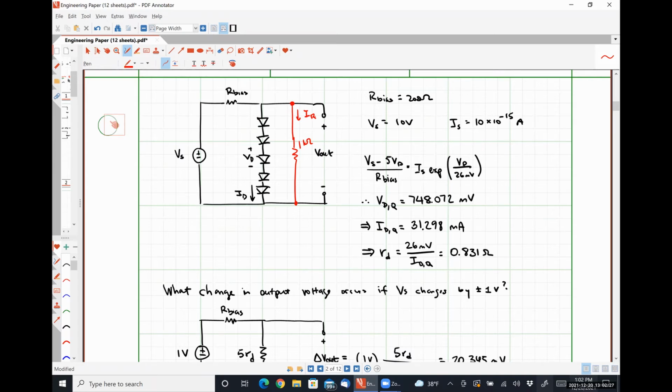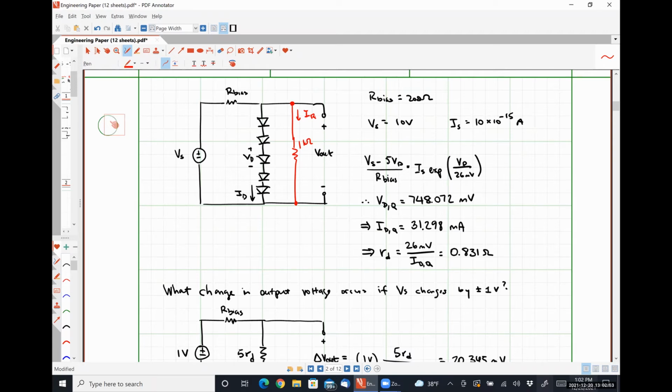Nominally, what do we expect that resistor current IR to be? A reasonable estimate would be 5 VD divided by 1 kilo ohm. We're saying if it doesn't cause a change, that would be a good starting point estimation.